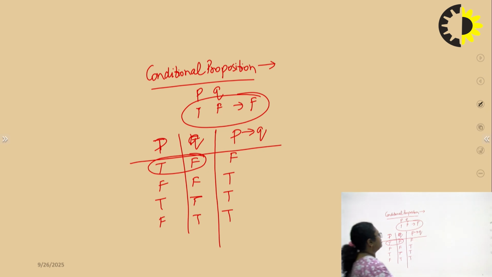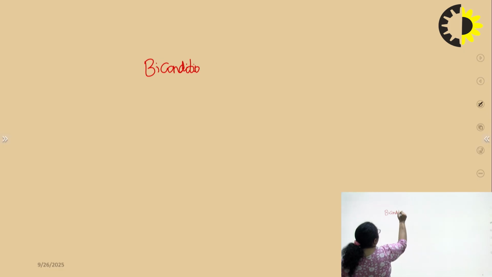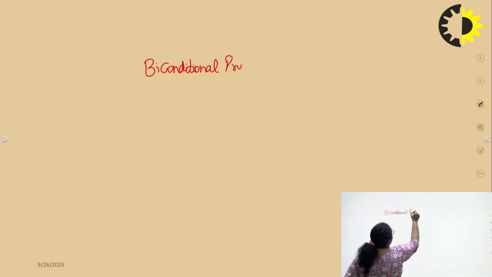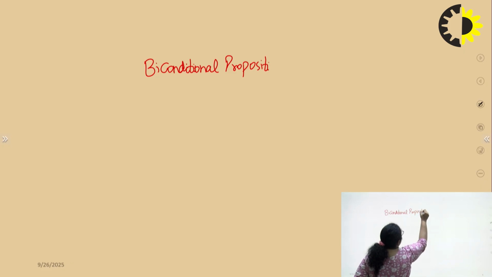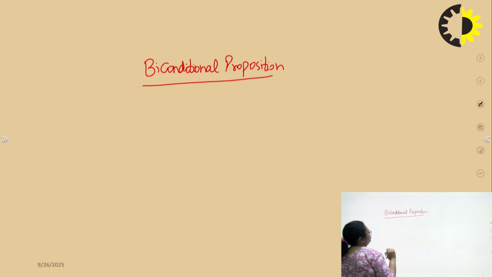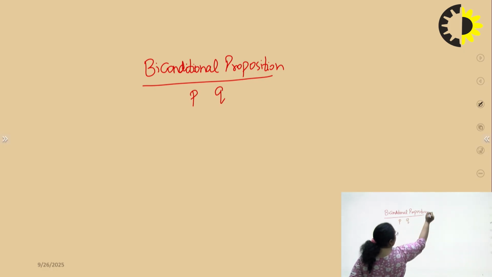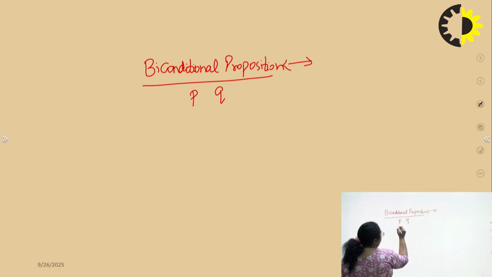Next we have the biconditional. As the name suggests, the biconditional proposition is only true when both P and Q are true. If we have two propositions P and Q, the biconditional is denoted by this sign and it is only true when P is true and Q is true.